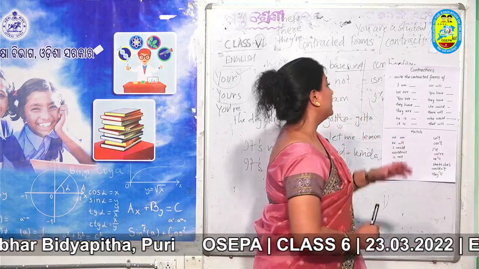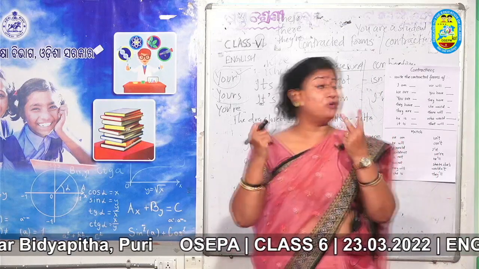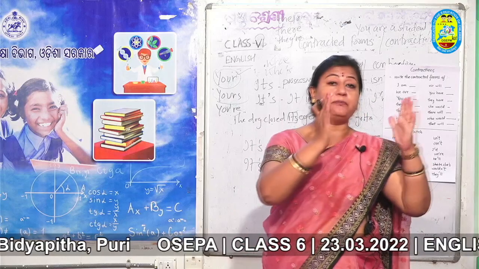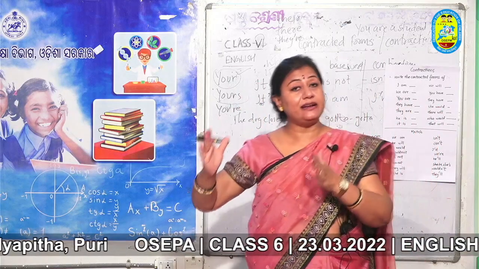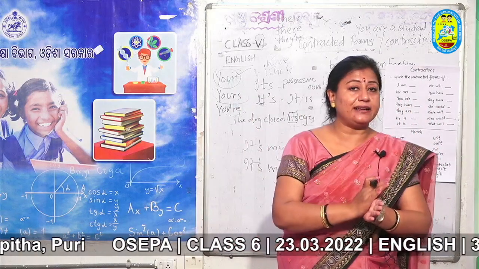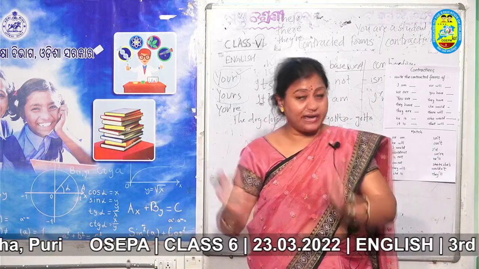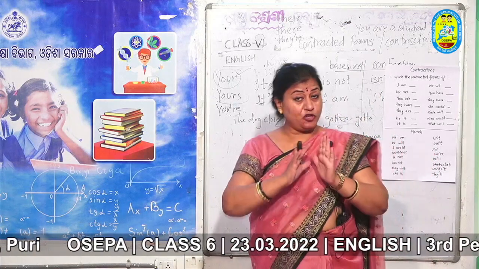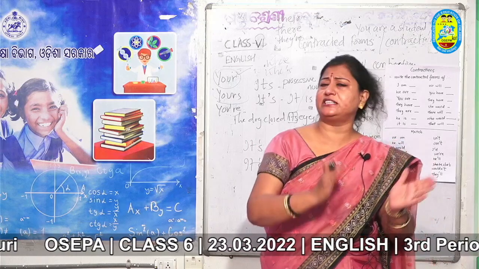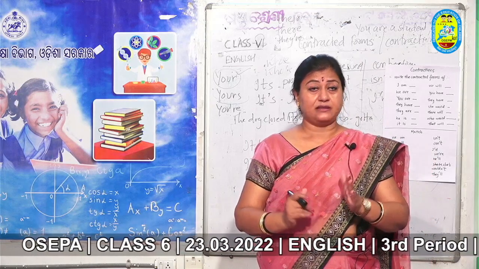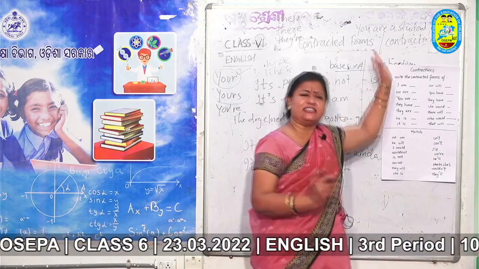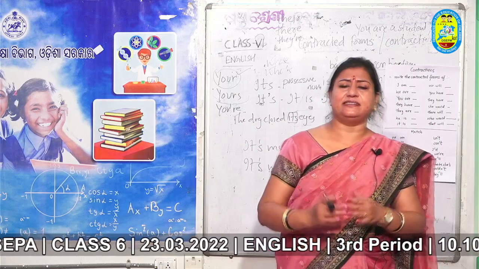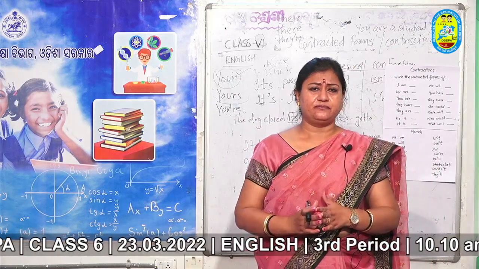There are two types of sentences, you know: a positive statement and a negative statement. Where there is a not, those sentences are called negative sentences, and where not is not used, those are positive sentences. Here, the first I wrote, you are a student, is a positive statement.